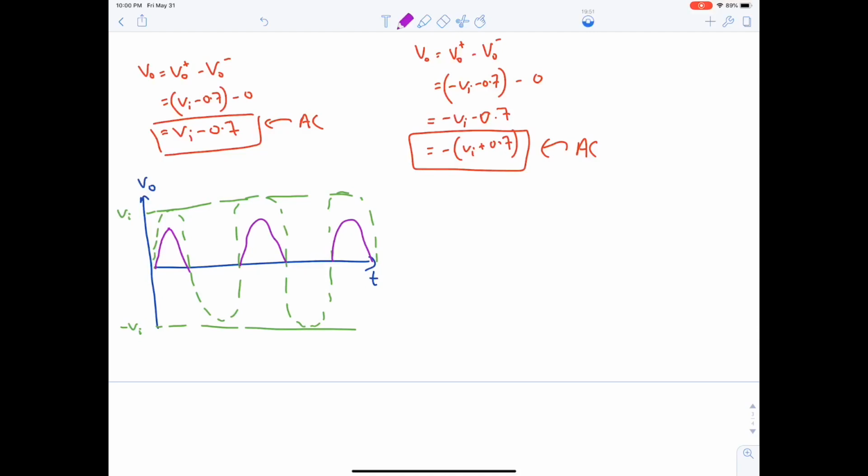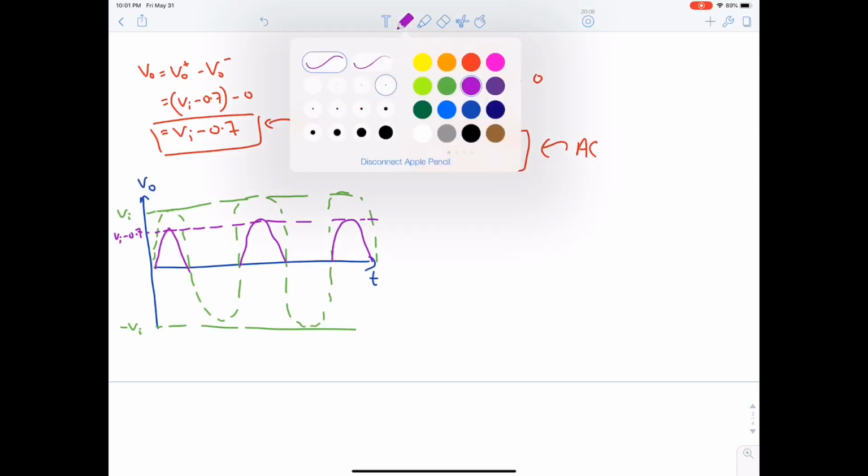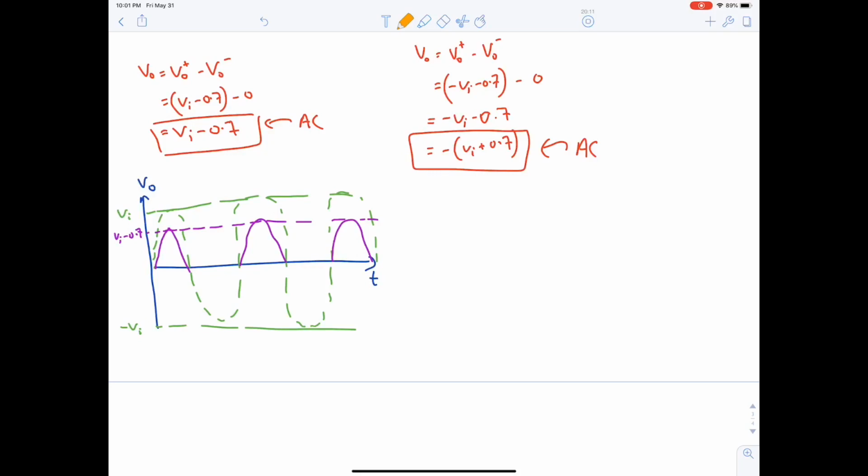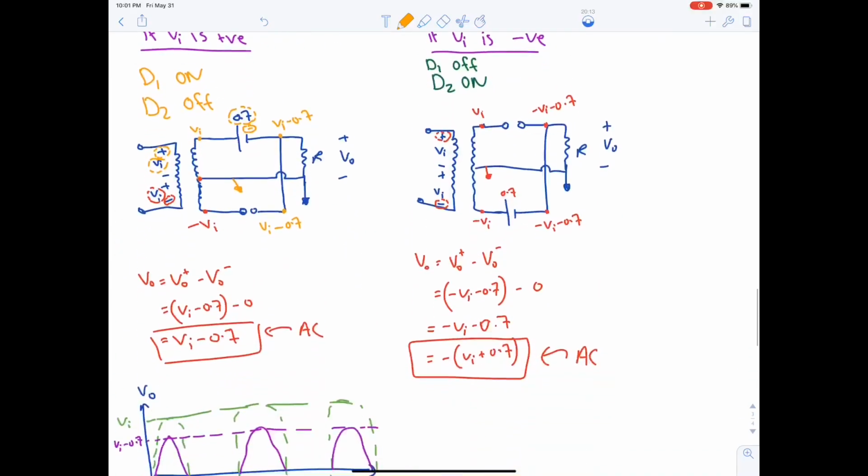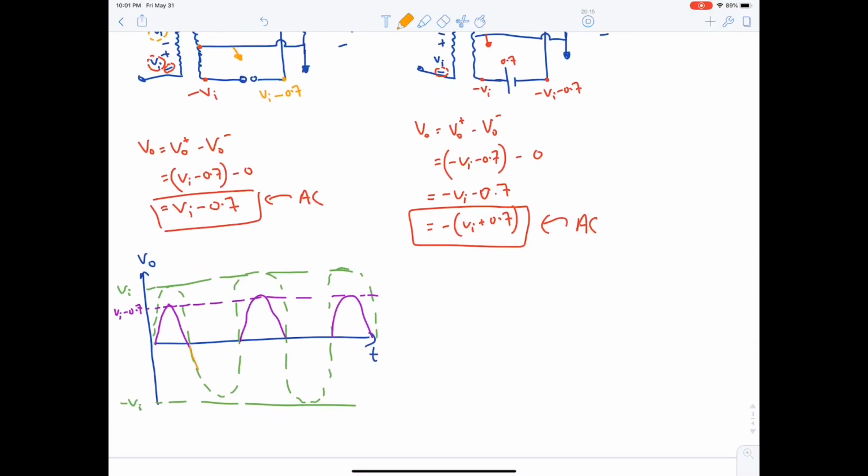And for the negative case, this is VI minus 0.7. Let me write it again, VI minus 0.7. Okay. Now for the other case, look, if Vi is negative, then it's this side, right? This is Vi negative. Okay.